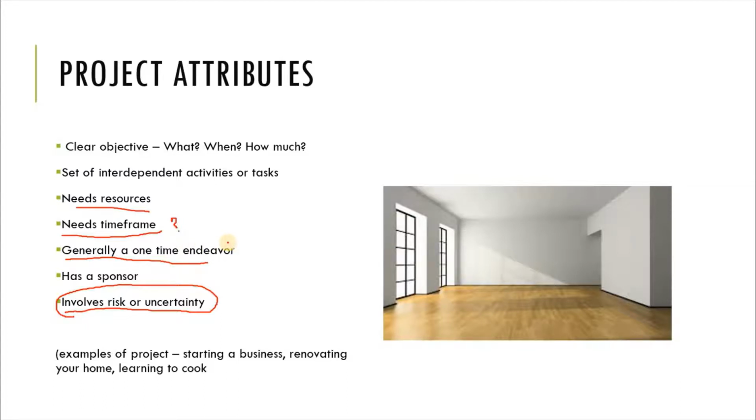This is because we make our plans to achieve the objectives of the project before the project has even begun. When we put that plan in action, things don't always go as per the plan. Sometimes new issues may crop up, some assumptions that we made might fail, and so on.